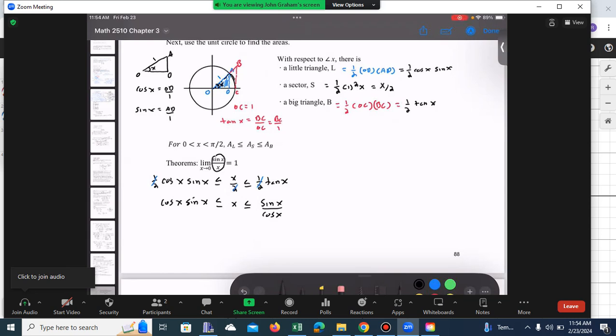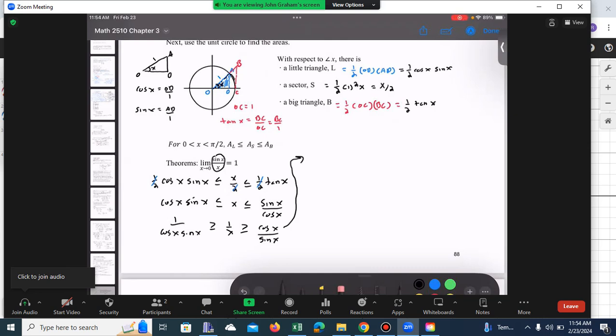So the first thing we want to do is, since we want x on the bottom, we're going to flip all these fractions. So we have 1 over cosine x sine x, greater than or equal to 1 over x, which is greater than or equal to cosine x over sine x.